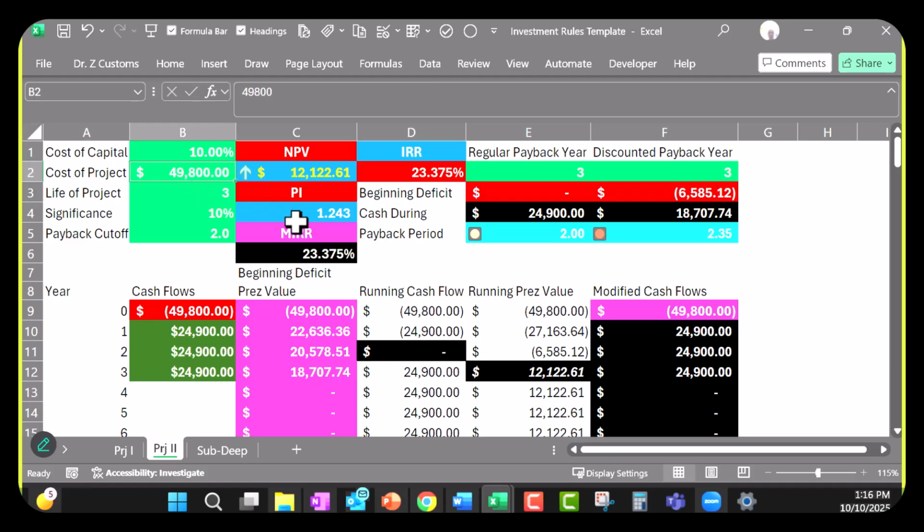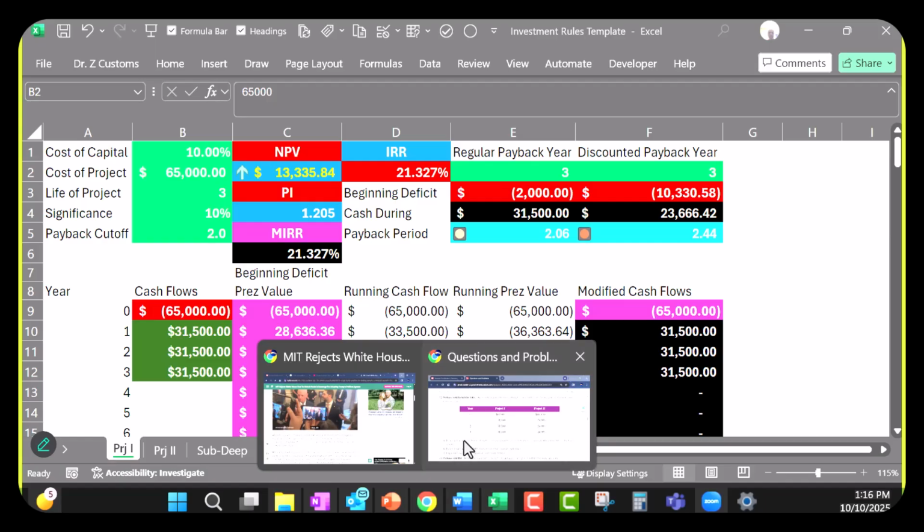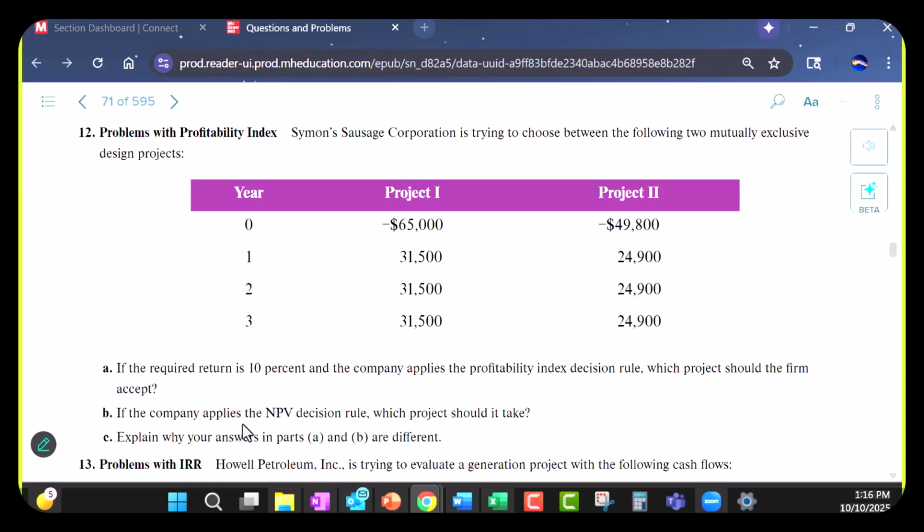Yes, you are making more money per dollar invested on project 2, but the difference is not that big. You're making a little bit less money per dollar, but you're making it over a higher number of dollars. In fact, the next question asks, if your company applies the NPV decision rule, which project should it take?